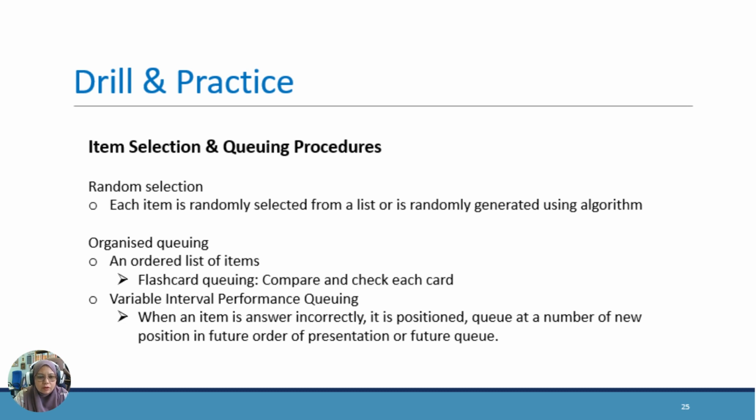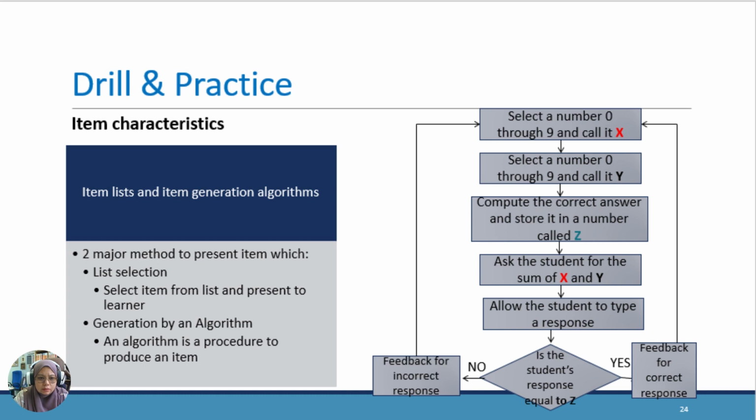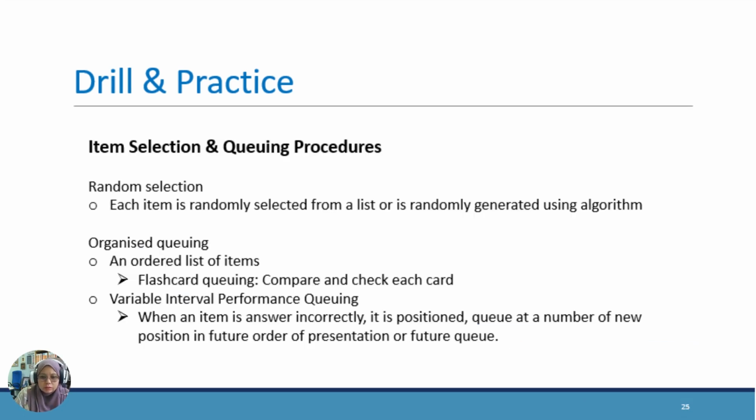For example, when an item is answered incorrectly, it is queued at a number of new positions in the future order of presentation, the future queue. These are the methods for how to do the setting for drill and practice.